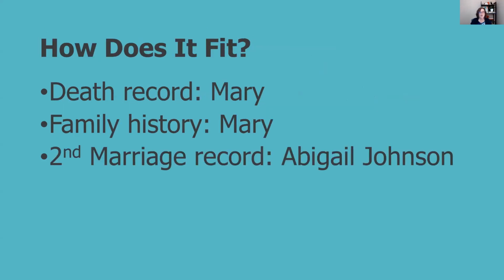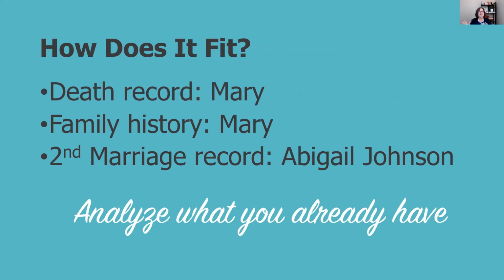So, thinking about that situation that we've been thinking about of William's mother's maiden name, where the death record said Mary, the family history says Mary, the second marriage record says Abigail Johnson. Well, maybe we need to go back and analyze what we already have. Really, who did give that information for the death record?